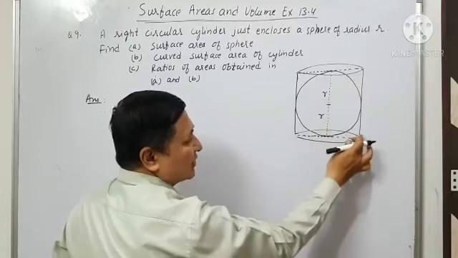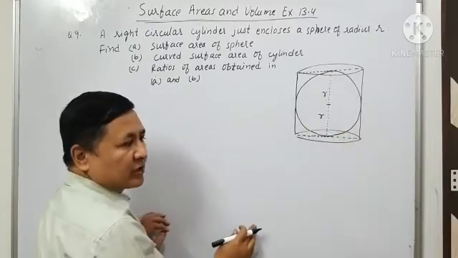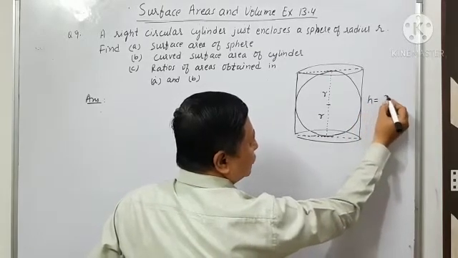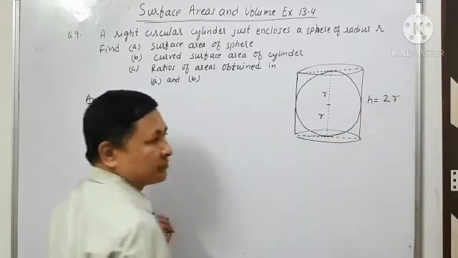So height of the cylinder is the same as the diameter of the sphere. So we can say h is equals to 2r.